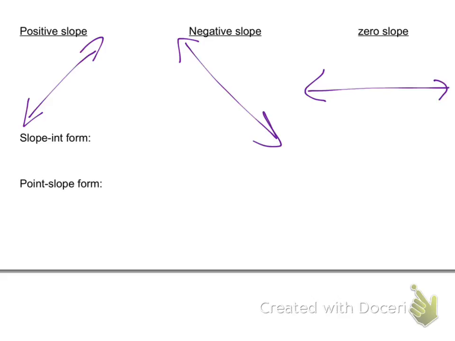But I heard this said earlier, slope-intercept form. Y equals mx plus b. Now, what do certain parts mean? Some of these variables mean things. What does m mean again? The slope.